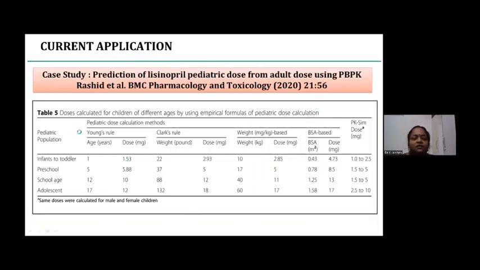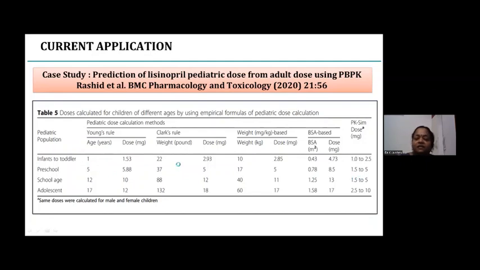This is the comparison of how the dose calculation has been done using the allometric methods like Young's rule, Clark's rule, other weight-based, and then BSA-based, whereas this is the PK-Sim dose-based, which is having a constant effect.